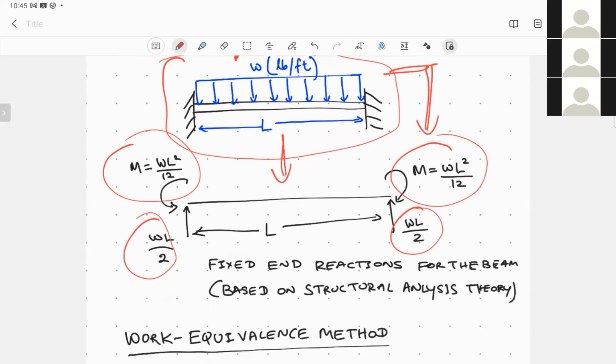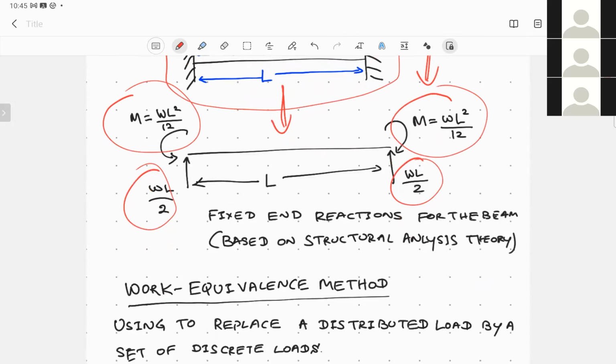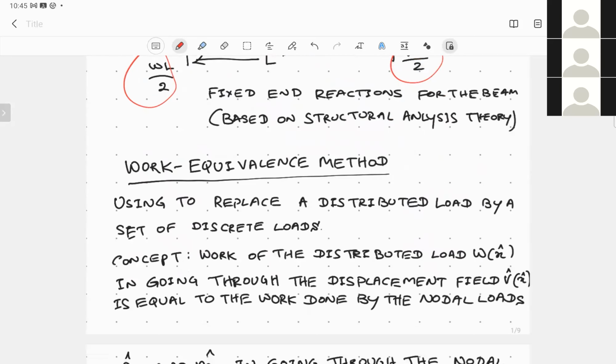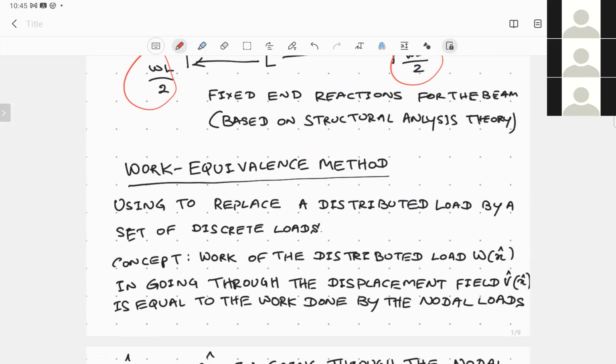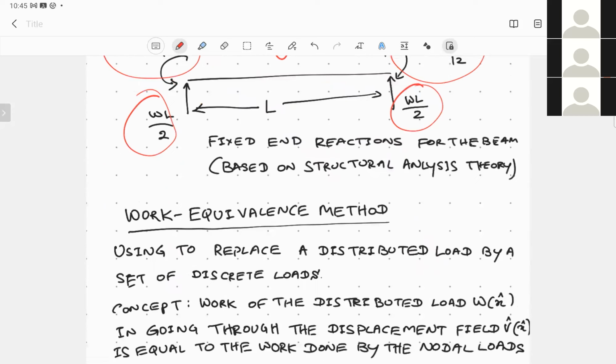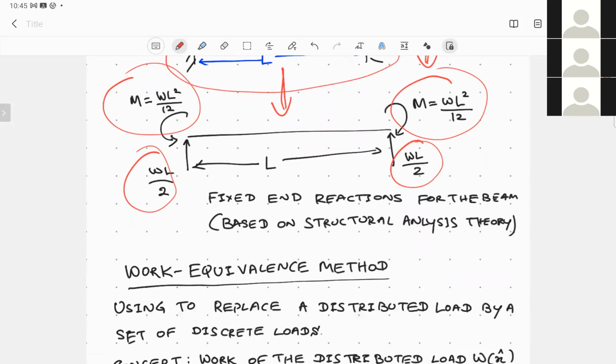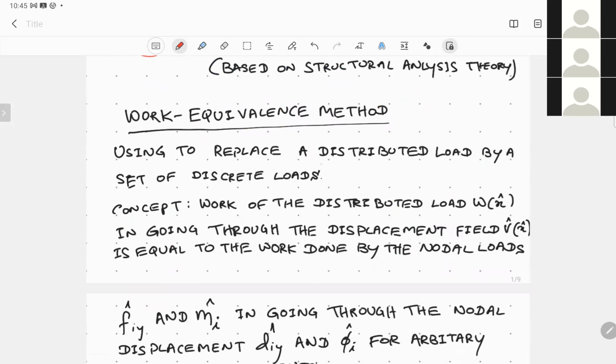So our attempt is to now use a certain method and try to break down the total distributed forces into nodal forces. The intention is nothing but to represent a distributed set of loads using discrete loads.